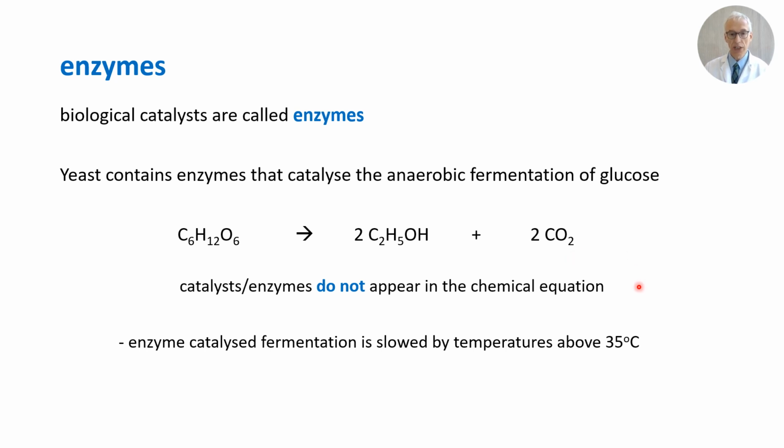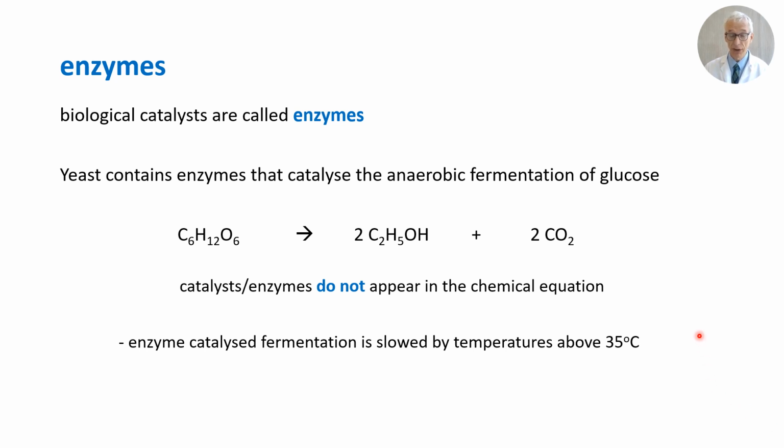Note, the catalyst or the enzyme does not appear in the chemical equation. If you recall, catalysts, enzymes are not changed by that chemical reaction. So they do not appear in the chemical equation.